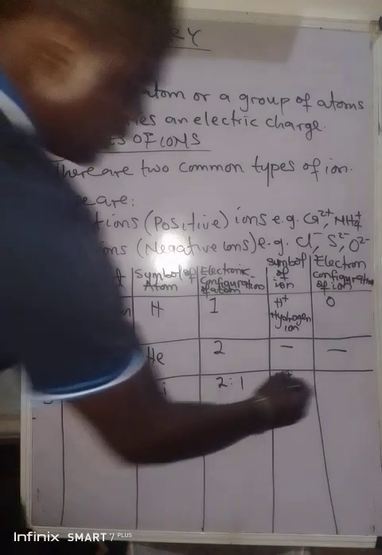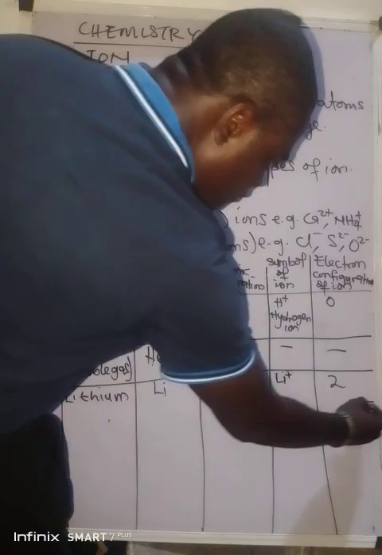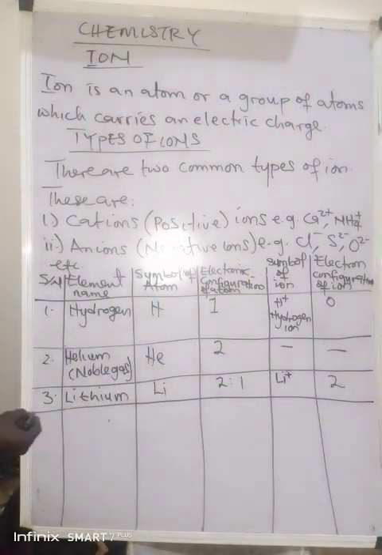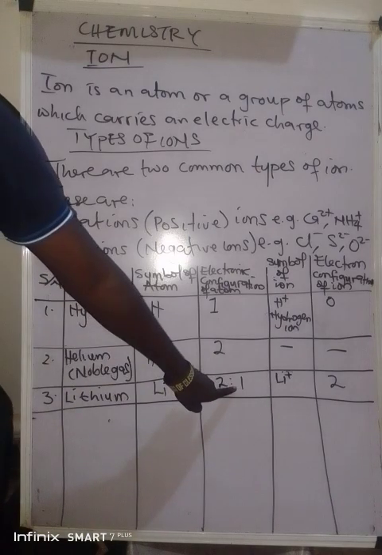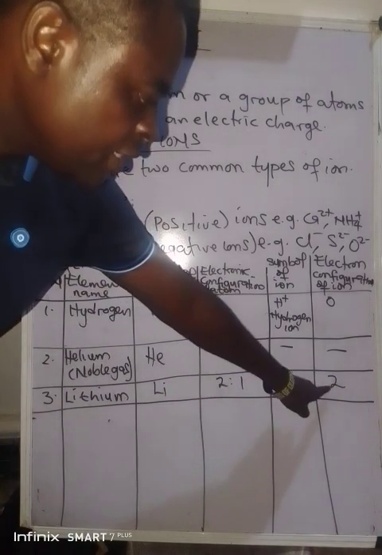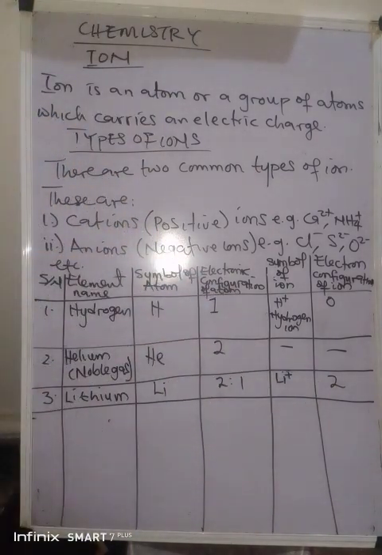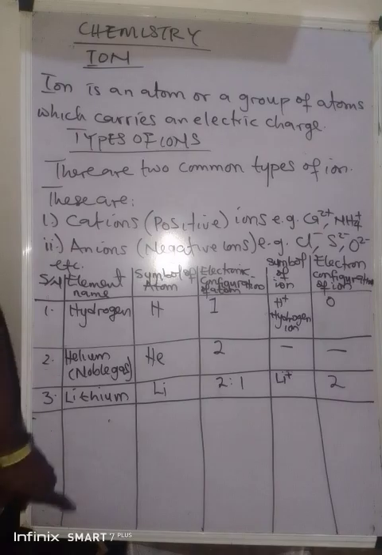And the configuration is now 2, which is like helium. When ions are formed, the new configuration is now like that of a noble gas. Which are what? Noble gases are helium, neon, argon.